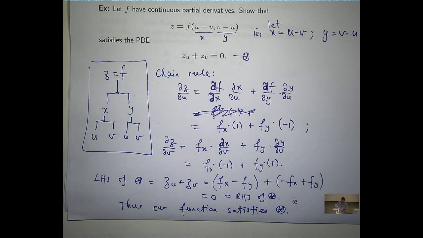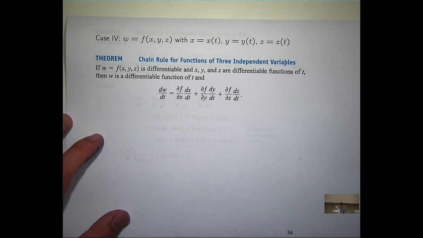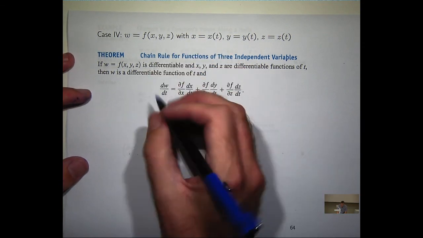Now you can keep going with the chain rule. Let's have a look at another version. Well, the next version is where you've got a function of 3 variables, and each variable depends on 1 variable. So let's have a quick look at that. Okay, so what would the picture be for this one?